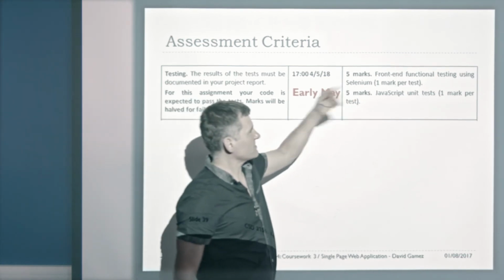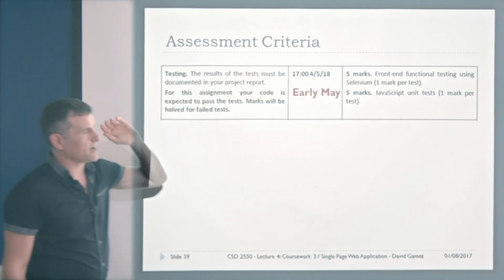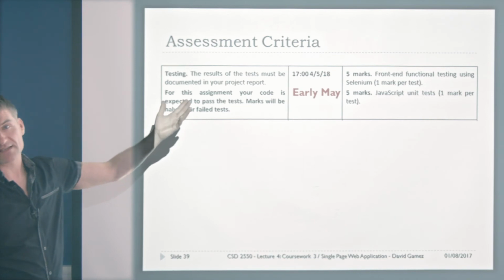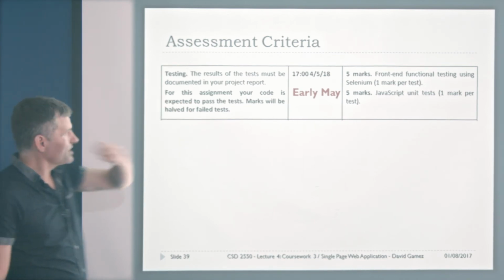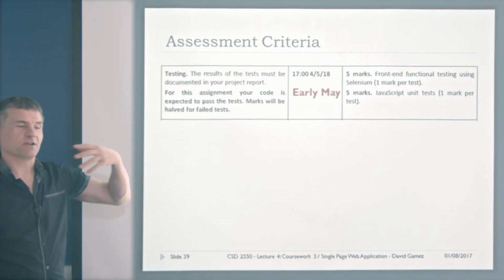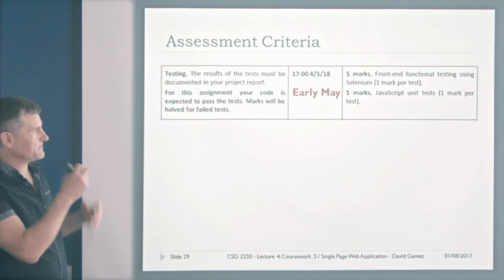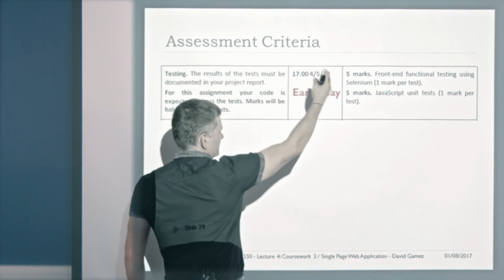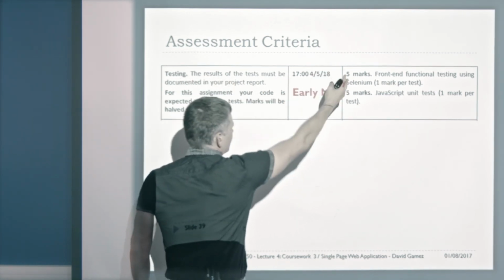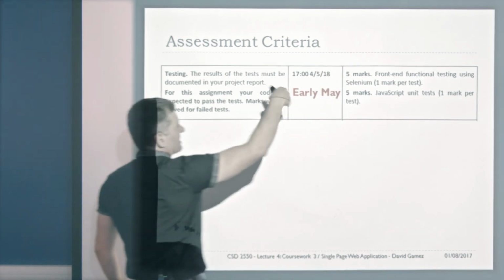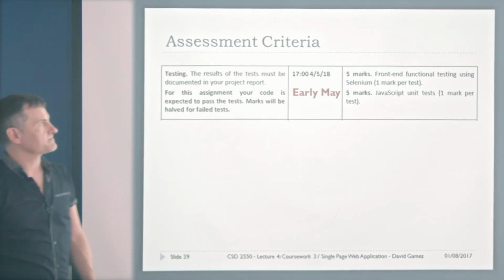So you get full marks, 10 marks, if you write 5 of each type of test and all of the tests pass. You'll only get half marks for these tests if you write the tests but the code fails those tests, okay? So full marks if you write the test and the code passes, and only half marks if the code fails.